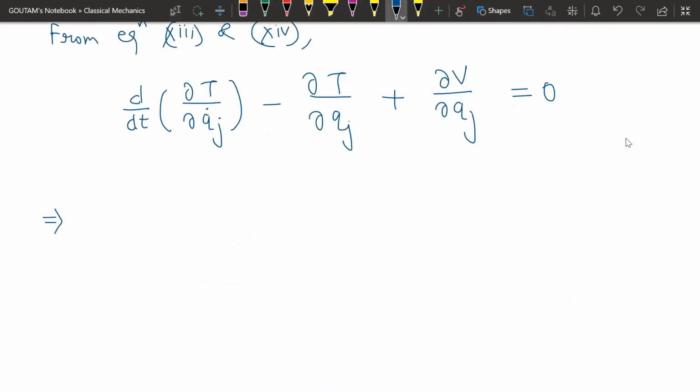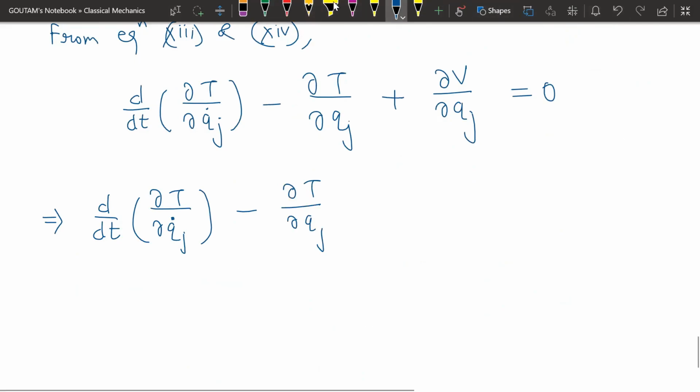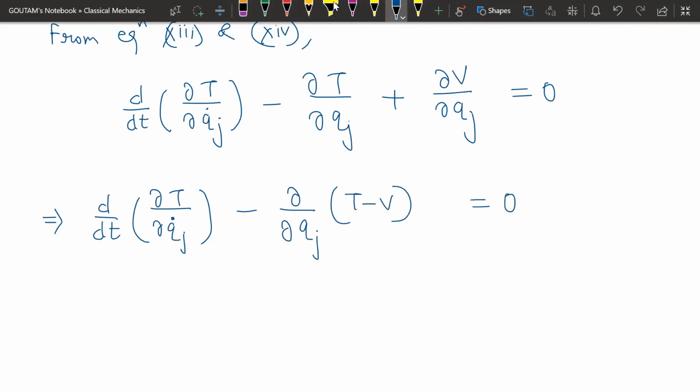Now we can write d/dt of del T del qj dot minus del T del qj plus del V del qj equals 0. So we will have del qj of T minus V equals 0.